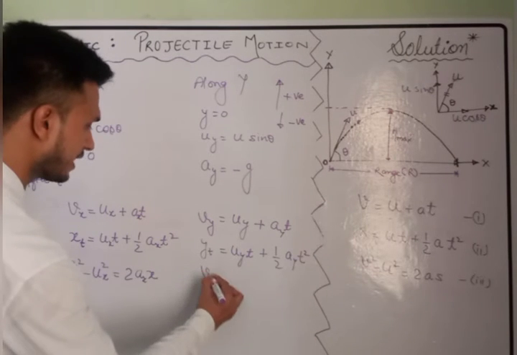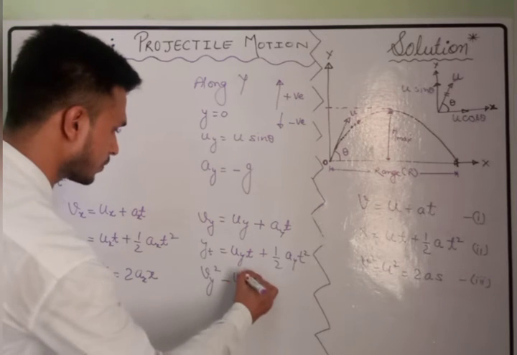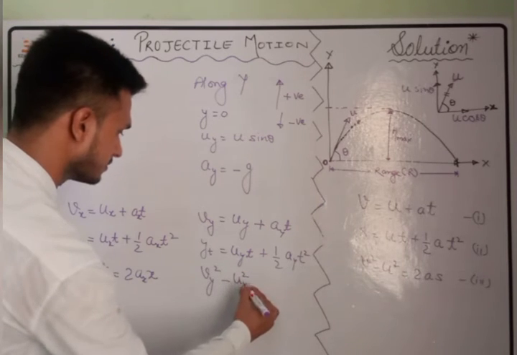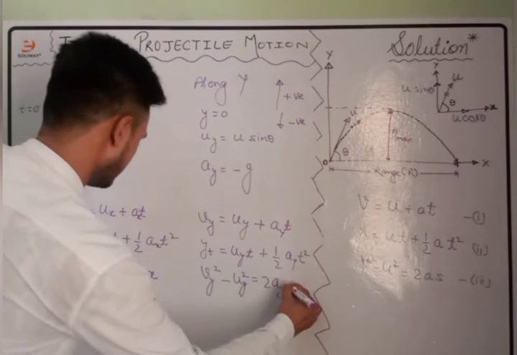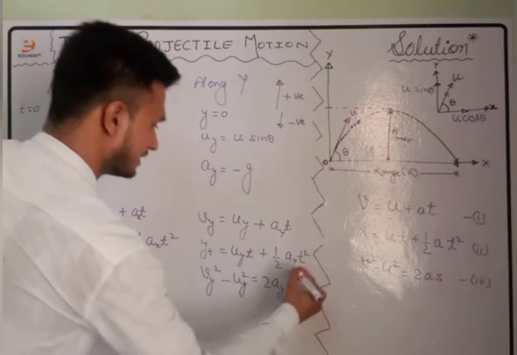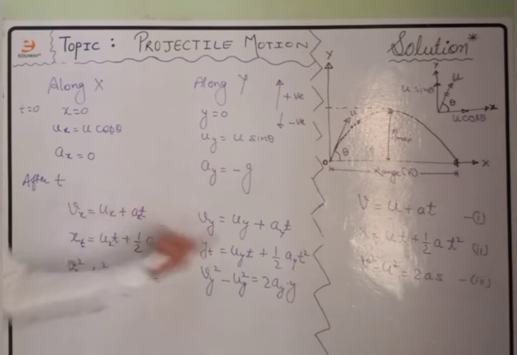And vy square minus uy square equals 2 ay into the y displacement. So these are the three equations of motion for the two different directions.